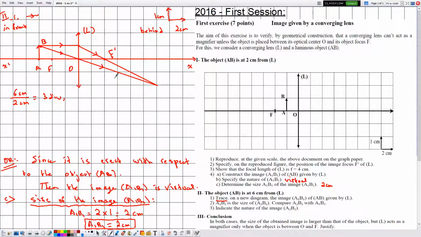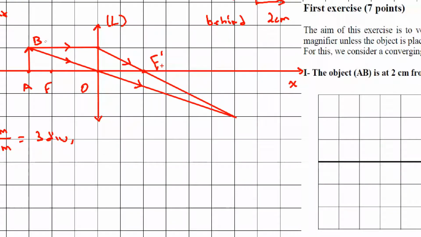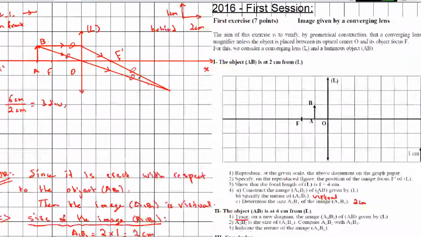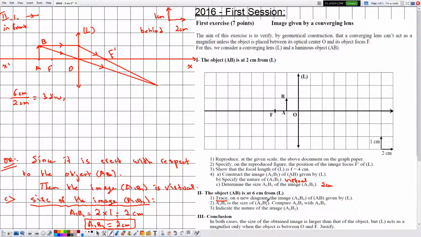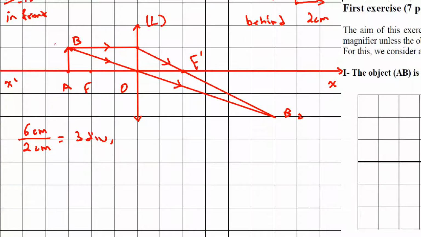And now we need to trace the image A2 B2. Always the intersection of the emergent rays is the image of the object. Notice that these emergent rays are coming from these incident rays that are coming from the point B. Therefore, this point of intersection of the emergent rays will be the image of the object, which is denoted by B2. Moreover, a hat is found on B directed away from the optical axis.